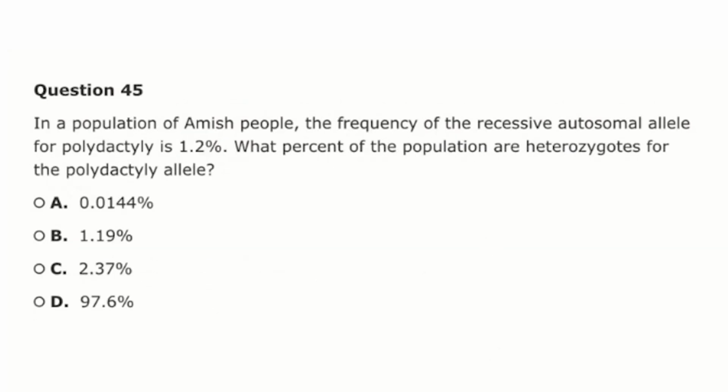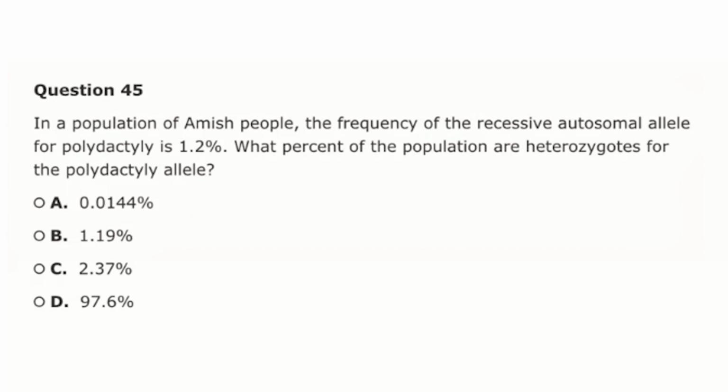In a population of Amish people, the frequency of the recessive autosomal allele for polydactyly is 1.2%. What percent of the population are heterozygotes for the polydactyly allele? Oh, man. All right, so what is polydactyly?